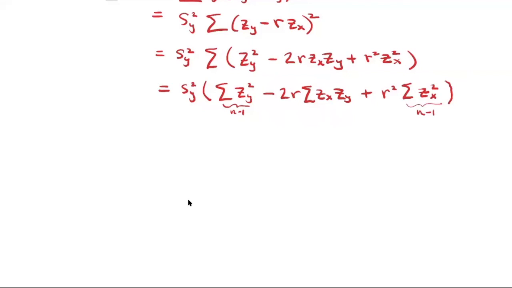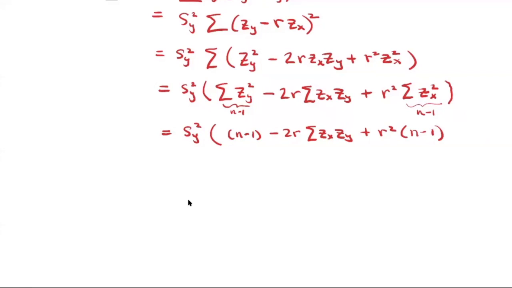Okay, so you can rewrite this as sy squared times, first of all, just an n minus 1. And then minus 2r, sum of zx, zy, plus r squared times the sum of the zx's squared. That'll also be n minus 1.